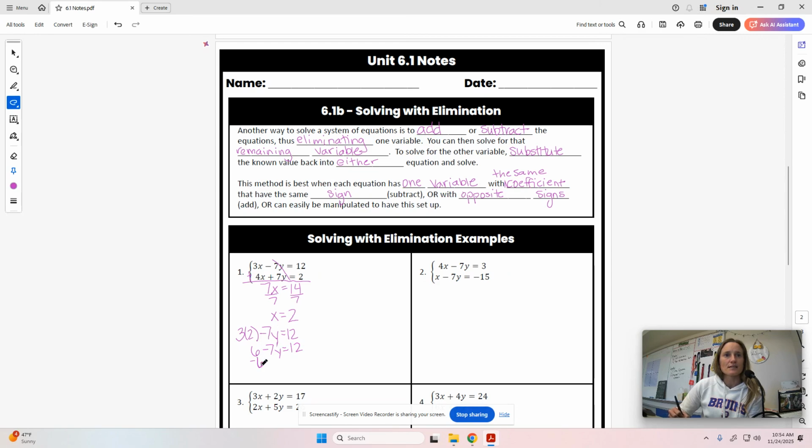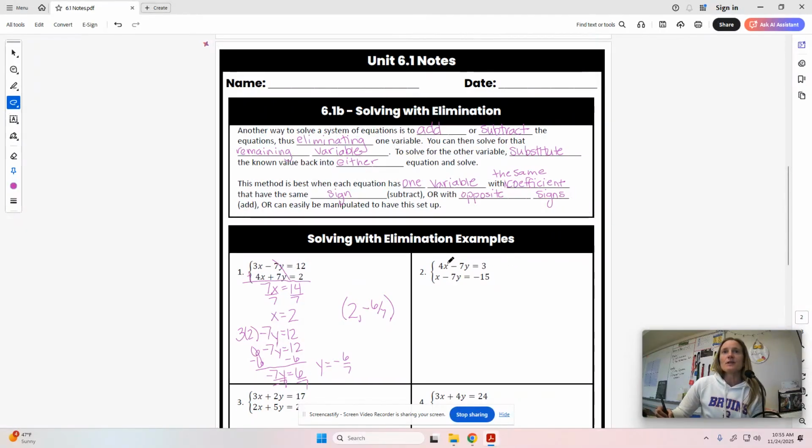You subtract the 6 from both sides. So we have -7y equals 6. Divide both sides by -7, and y comes out to be a fraction, but that's okay because fractions are numbers too. And we're still going to finish by writing our solution set as an ordered pair. So our x value is 2, our y value is -6/7. So that's our final answer there.